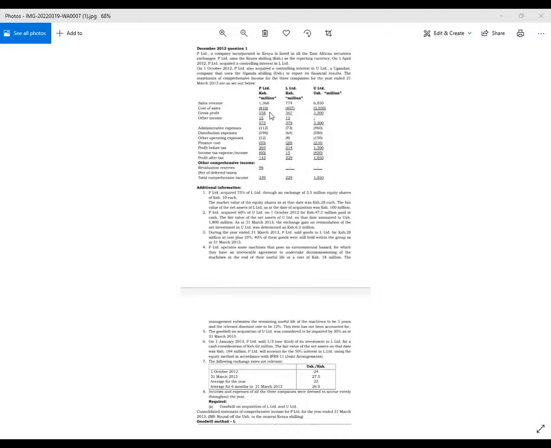For L, I'll only recognize 9 months. So L, I'll take 407 times 9 over 12, plus the one of Uganda, whose currency has been translated, which is 133.96 times 6 over 12.